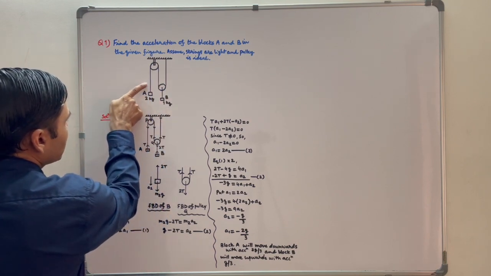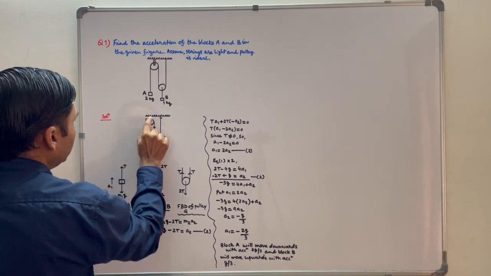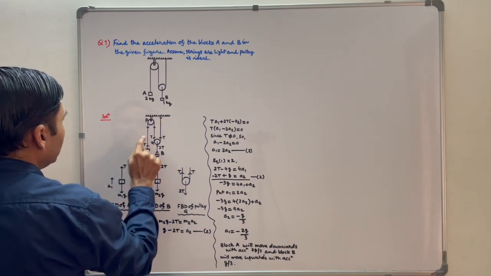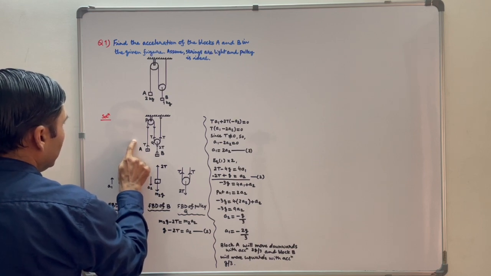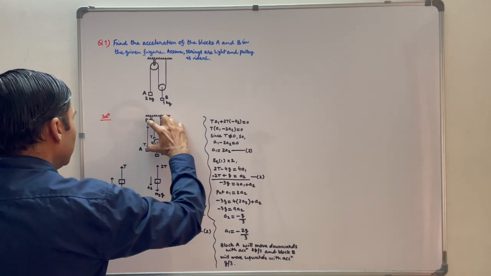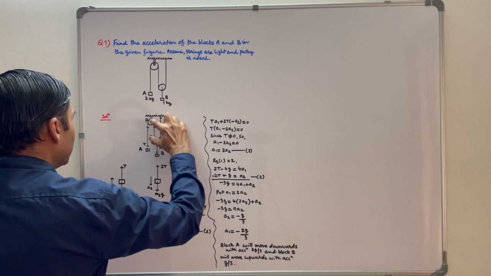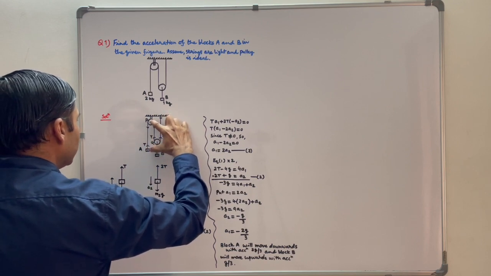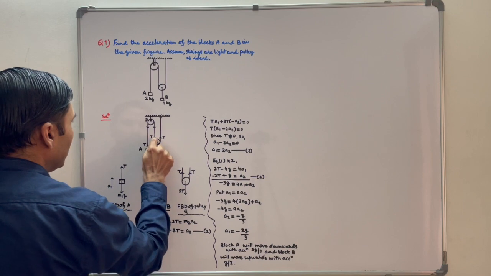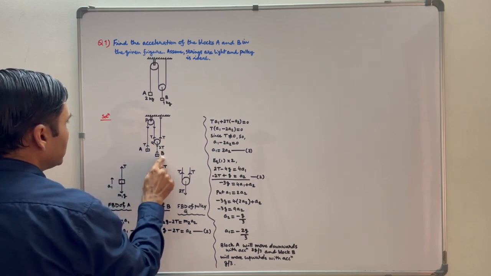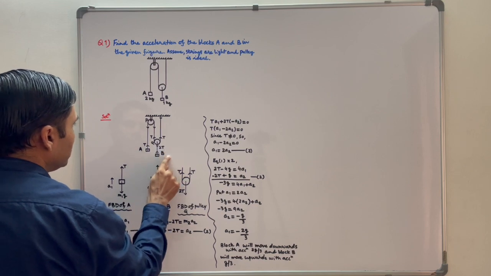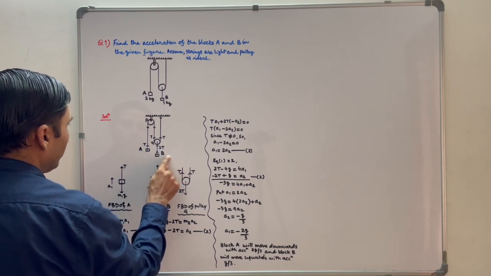Suppose tension in this string is T. It will be T everywhere. Suppose this block is moving upwards with acceleration A1. When this moves up, the length of this segment will decrease and the length of this segment will increase. As a result, this pulley will come down and the attached block B will also come down. Suppose B moves downwards with acceleration A2.